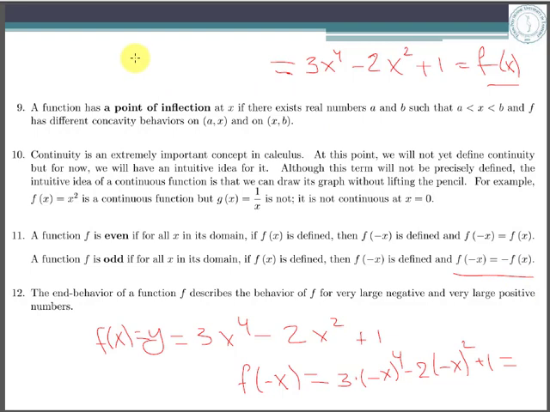For example, take the function f(x) = 3x over 2x^2 - x.